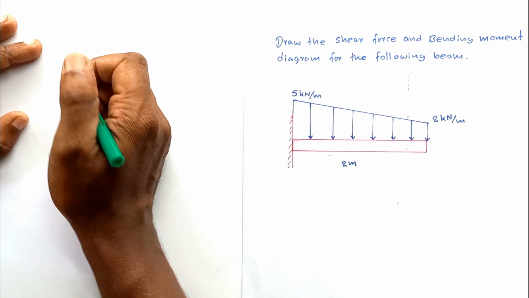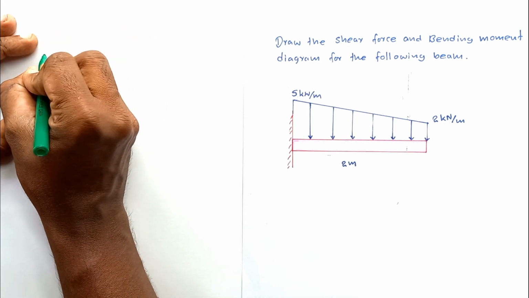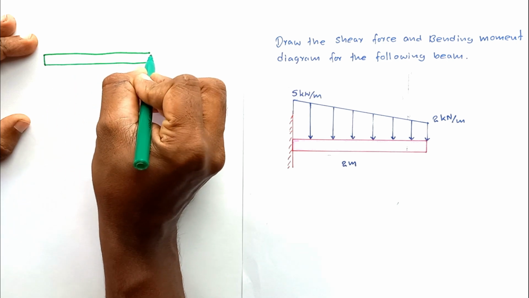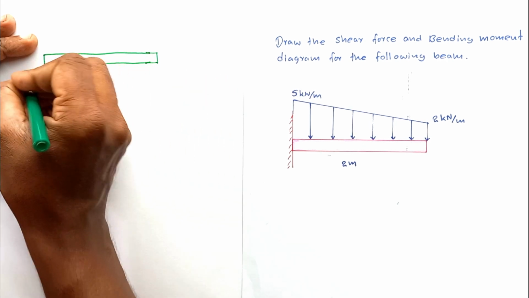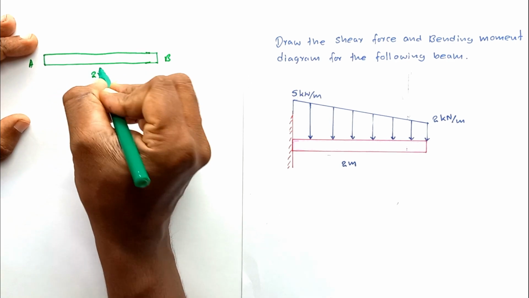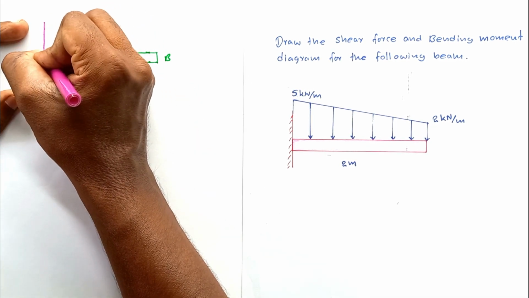So, let me draw the free body diagram for the entire beam. See the beam AB, the length is equal to 2 meters. And this is subjected to a linearly varying distributed load.